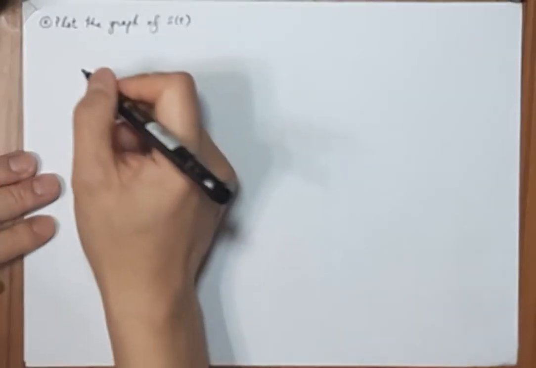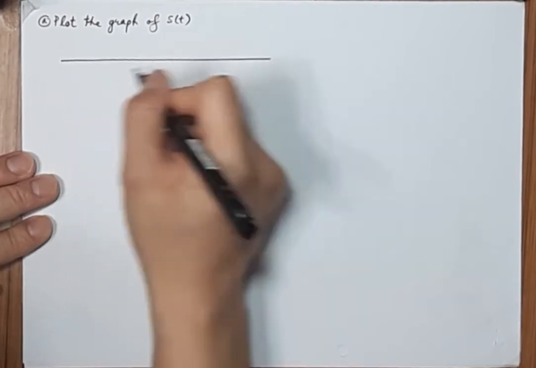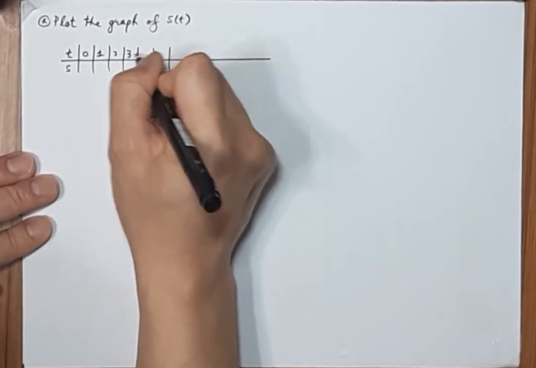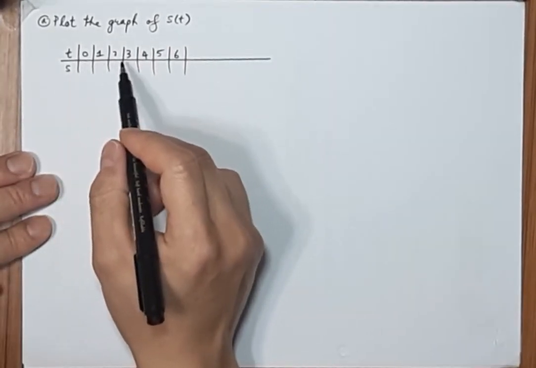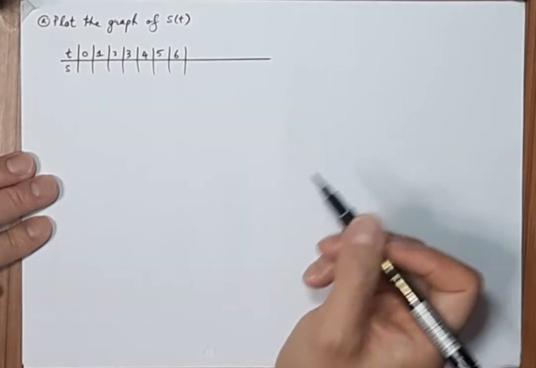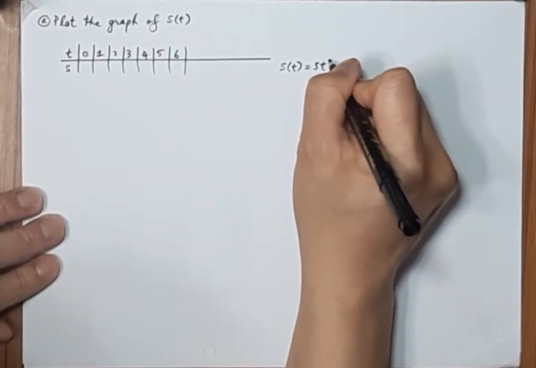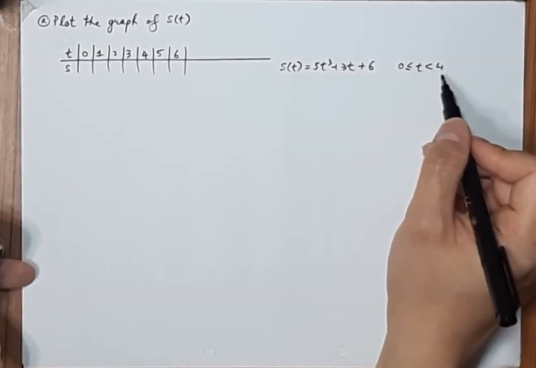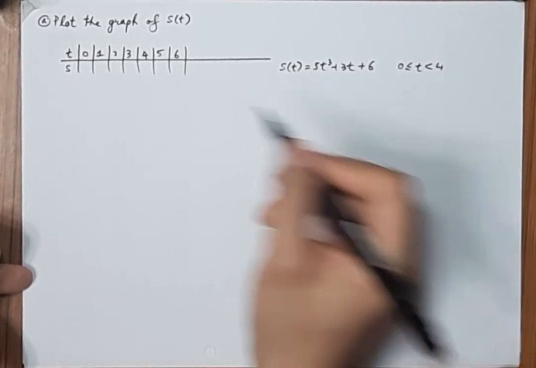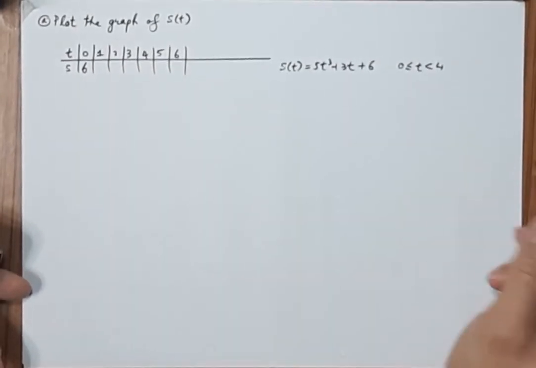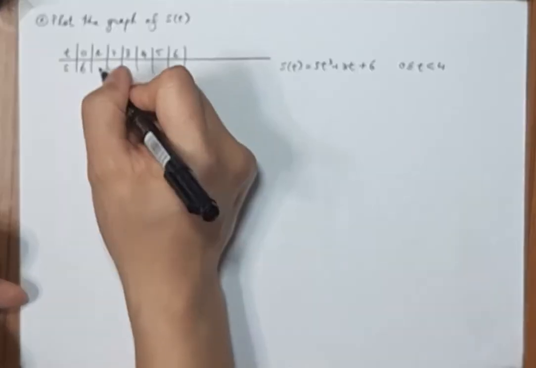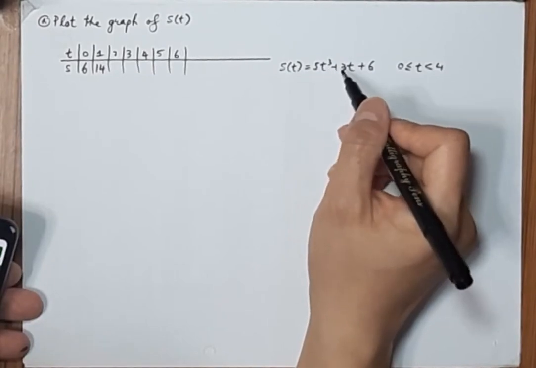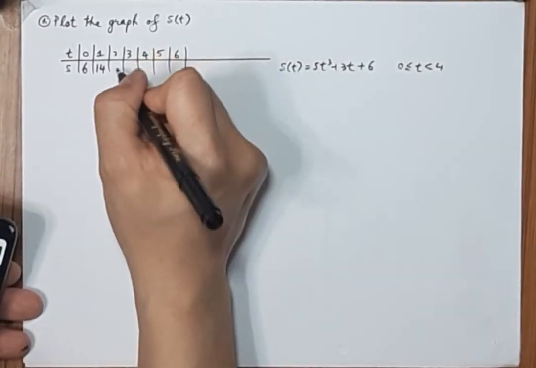First, we draw a table of s and t, with t from 0, 1, 2, 3, 4, 5, and 6. Since s(t) is equal to 5t cubed minus 3t plus 6, for t from 0 to 4: when t is equal to 0, s is equal to 6. When t is equal to 1, s is equal to 14. When t is equal to 2, s is equal to 52.